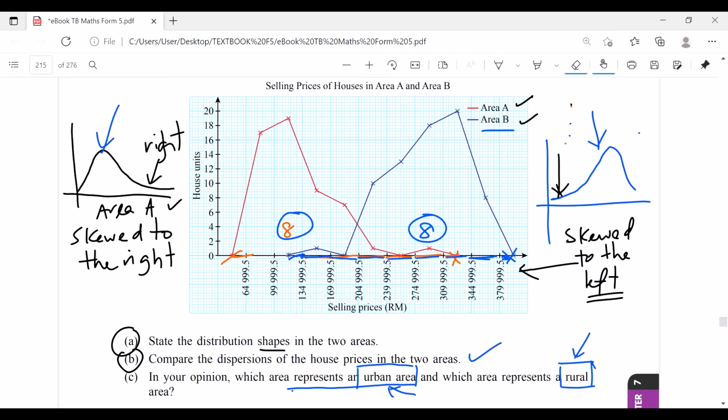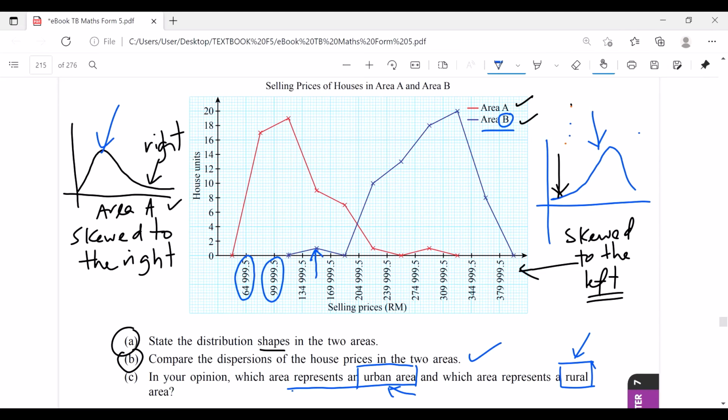For area A, the houses are cheaper, right? The houses start with this one, like 64,999, and then go up to here.